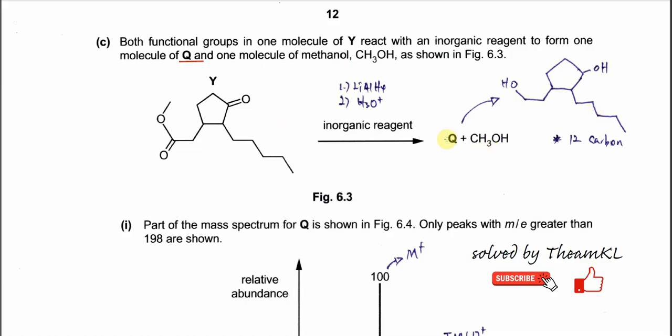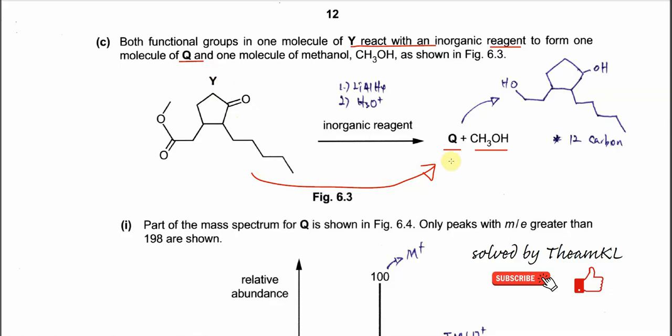Okay, let's focus on the question. Again, just follow the information. Y reacts with a reagent. Later, I will tell you the reagent in detail. It forms Q and methanol. So Q and methanol come from Y, and we know that Y has 13 carbon.